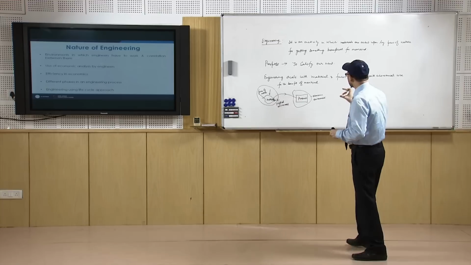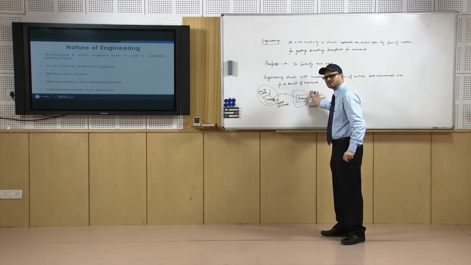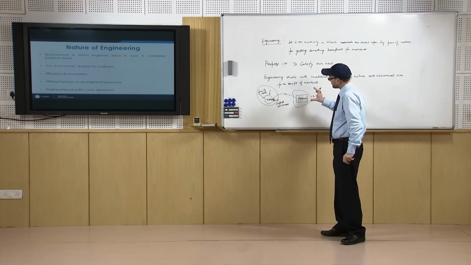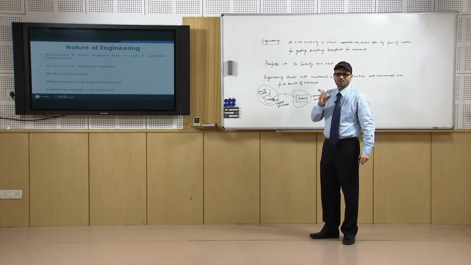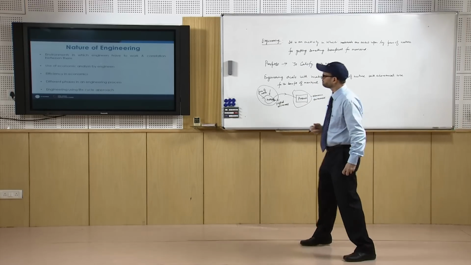So, what we mean to say is that working on the economic environment has taken precedence over working on the physical environment for the venture to be successful. We will discuss later.